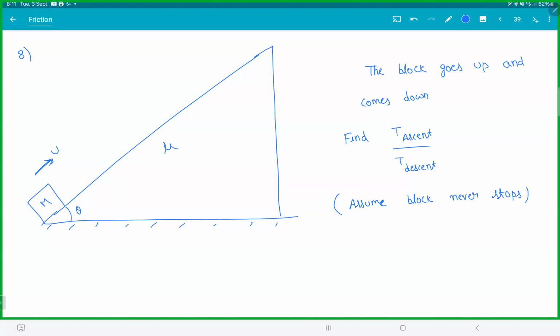Let's see. No, such a nice answer will not come. Sin theta minus mu cos. Didn't you get a root? Without root, you got the answer.